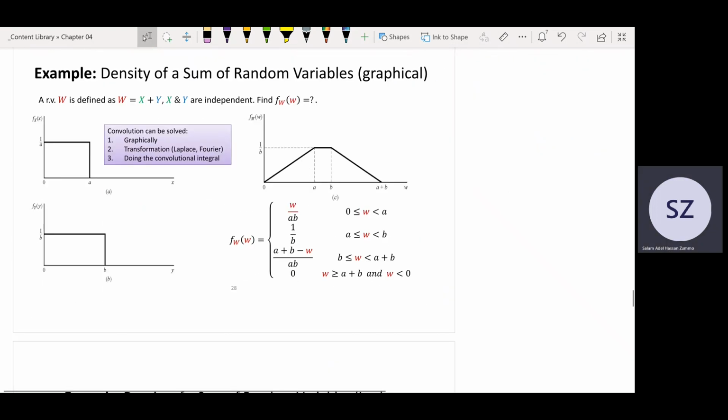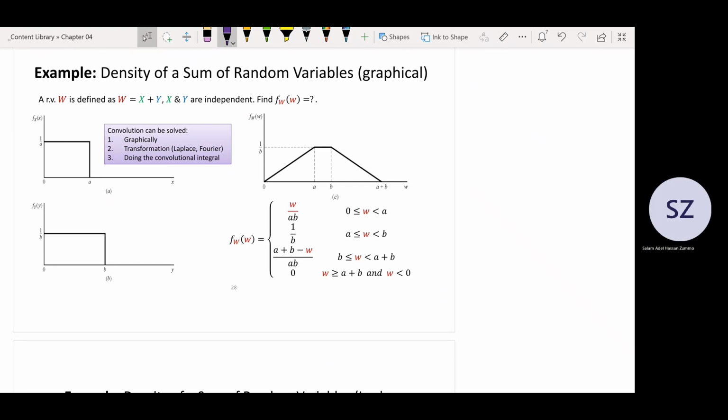Now, let's take the simplest example of convolution, which is when you have two uniform random variables. X is a uniform random variable from 0 to a, and y is another uniform from 0 to b. Both of them are uniform random variables that are independent.